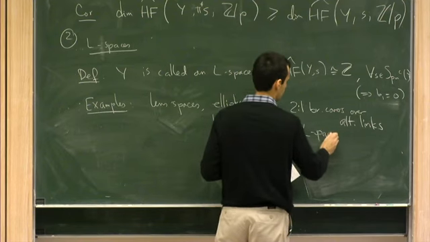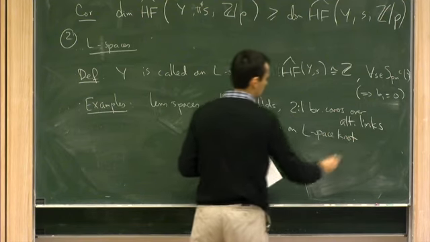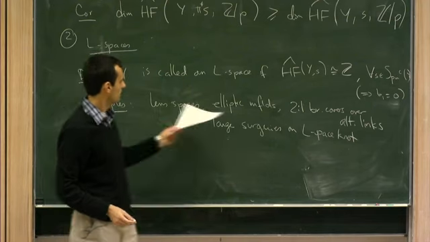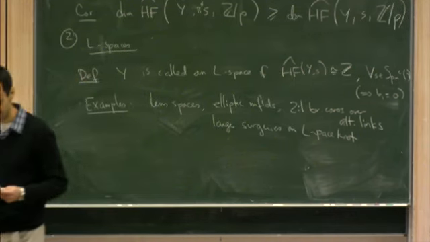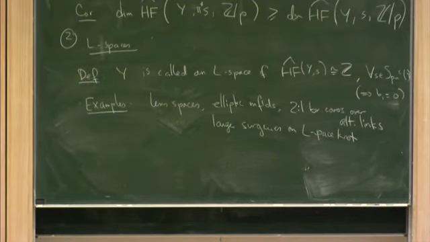So once you have a knot whose surgery is one of the previous examples, all the higher surgeries are also L spaces. So this way you can construct many examples.